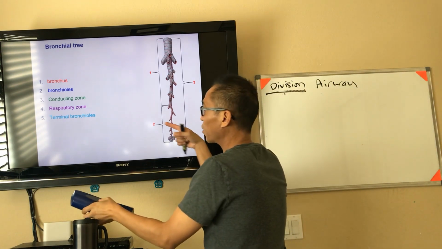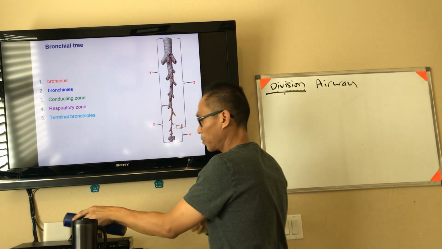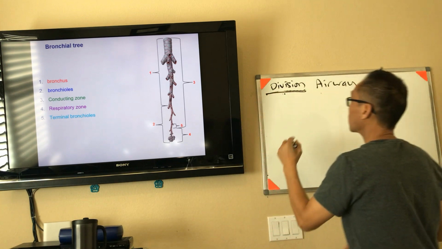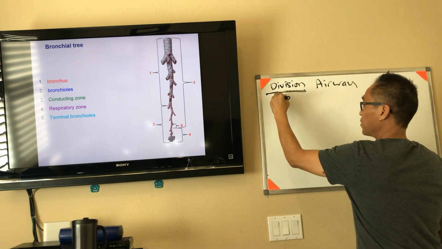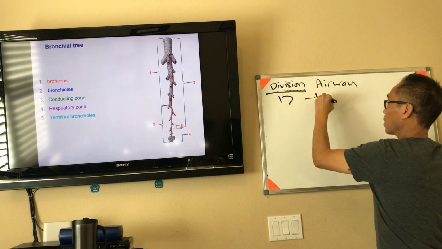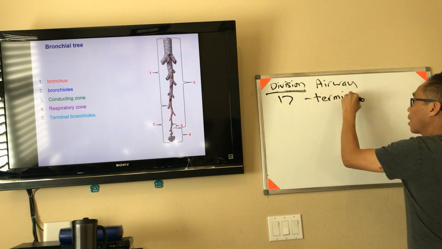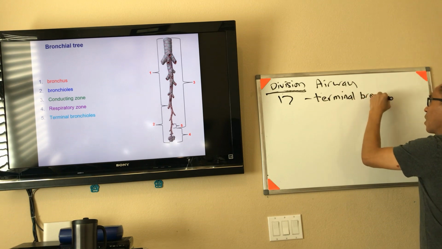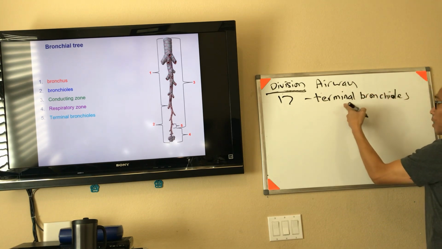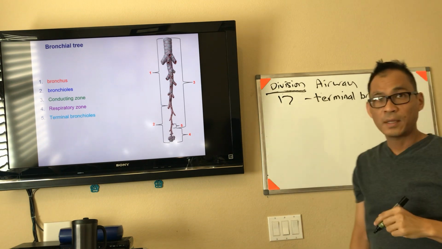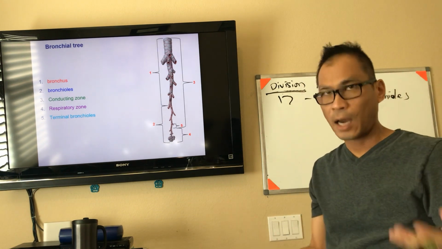At around right here where they have number 5, the terminal bronchioles, it would be around where we left off, division 17. They're just bronchioles, but we call them terminal bronchioles because it's the end of the conducting airways.